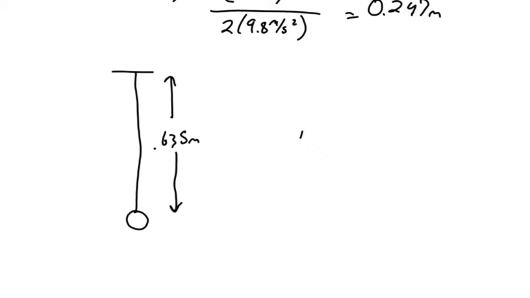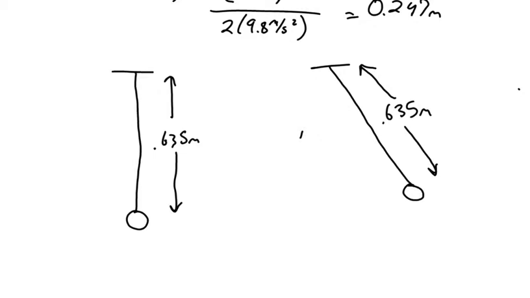Okay, and then at some other moment in time, it's going to be hanging off to the side like this. We'll have still the same length, 0.635 meters. Now that's off at an angle like this. And then we'll also have that the Y position has changed here by 0.247 meters. Not quite to scale.